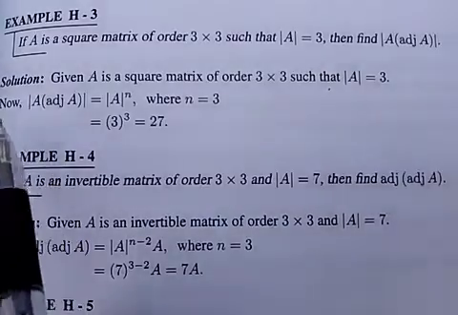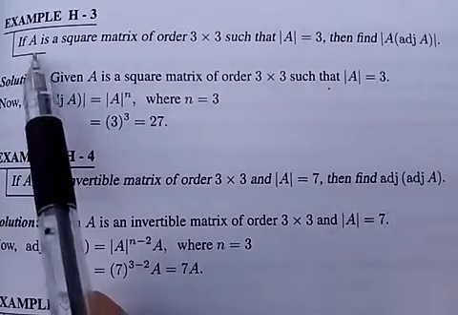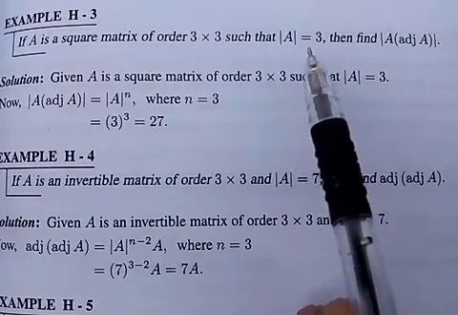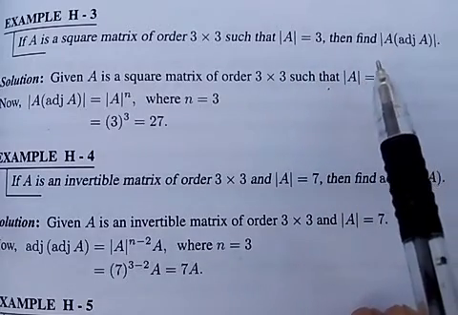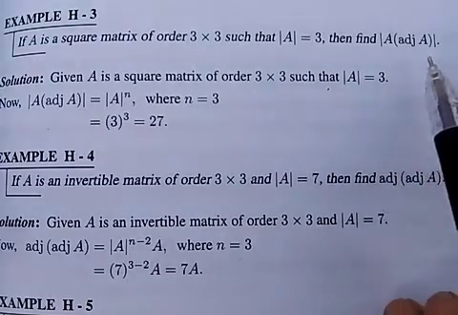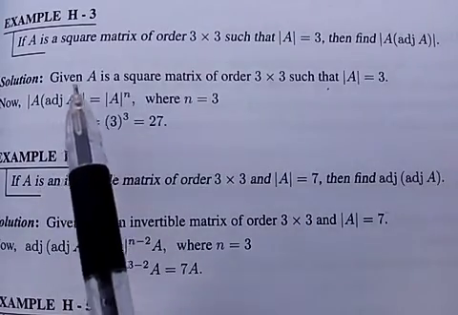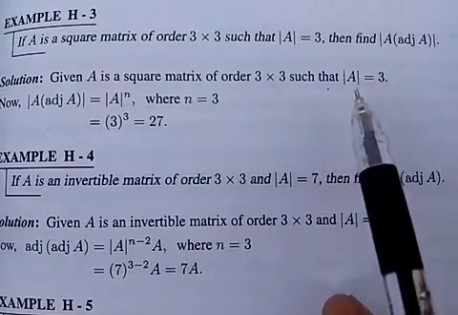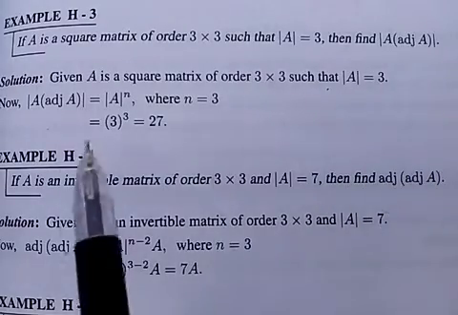Next property we can apply here: if A is a square matrix of order 3 by 3 such that determinant of A equal to 3, find the value of determinant of A into adjoint of A. A is a square matrix of order 3 by 3 such that determinant of A equal to 3, it is given.